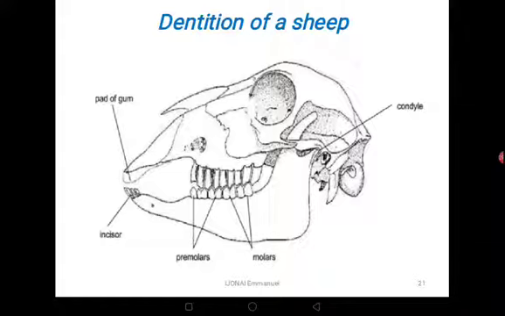And then we have powerful muscles that are used for chewing, and very widely shaped and well adapted molars and premolars for chewing. So that is the dentition of the sheep, which is an example of the herbivores, organisms that feed on plant material.